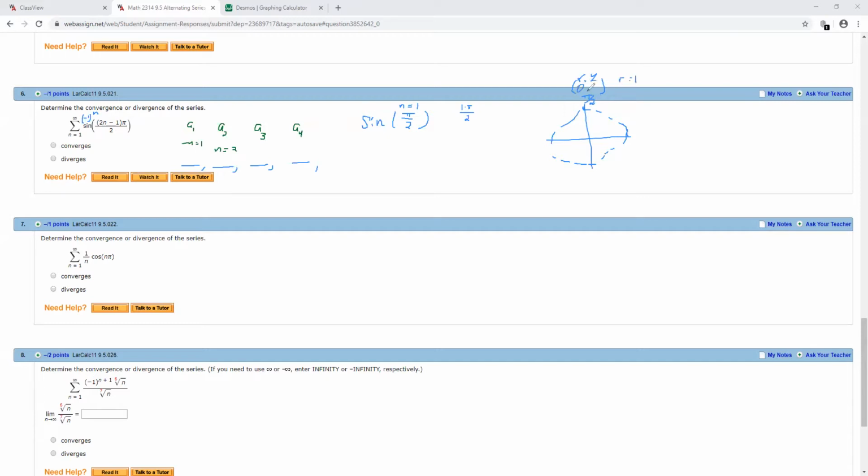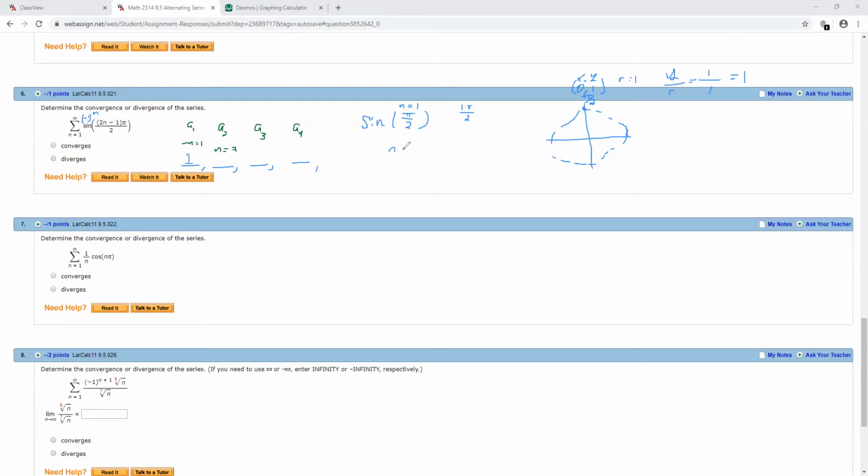And then we get 0, 1. This point up here, without reteaching everything, sine is y over r. So r is 1. And what's y right up here at this angle, pi halves? 1. So 1 over 1 is 1. And that's what goes right here. 1.